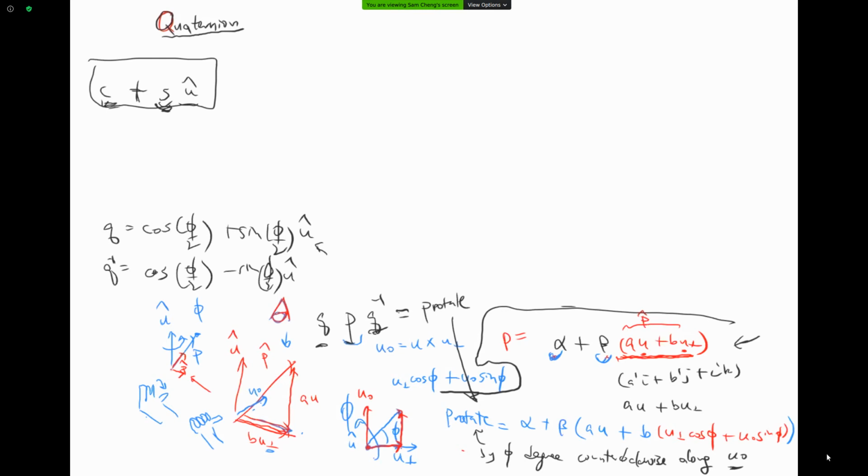Note that if I write quaternions in this form, let's say Q1 is equal to A plus BU, and Q2 is equal to C plus DV, let's say.